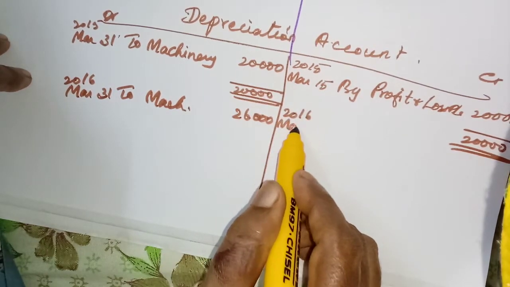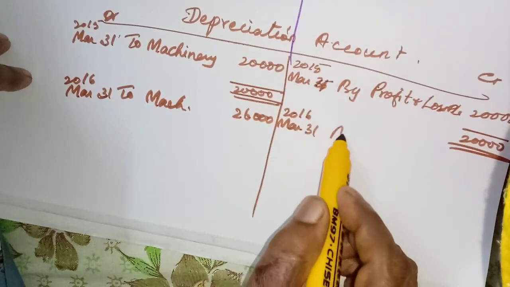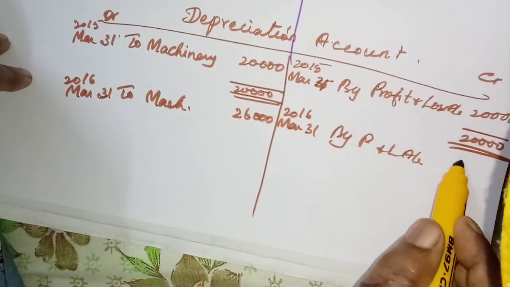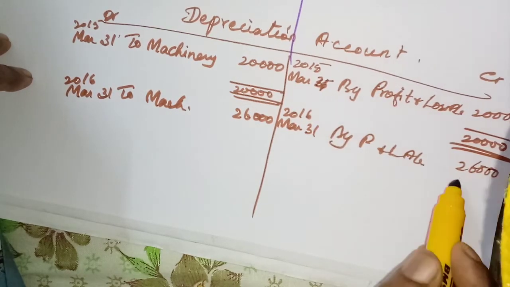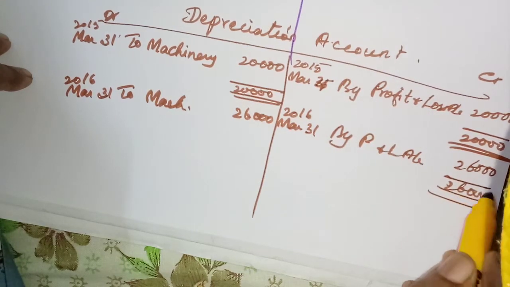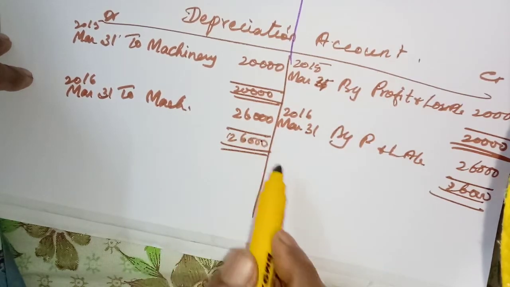By profit and loss account, same 26,000. You draw only one line and write the amount.